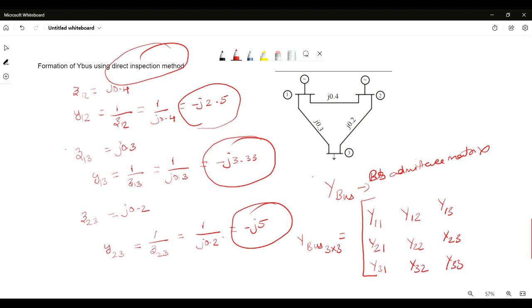There are two types of elements: the diagonal elements Y11, Y22, Y33, and the rest of the values are non-diagonal elements like Y12, Y13, Y21, Y23, Y31, and Y32.